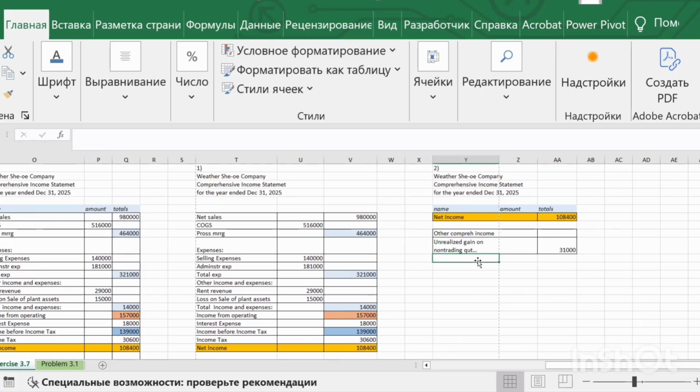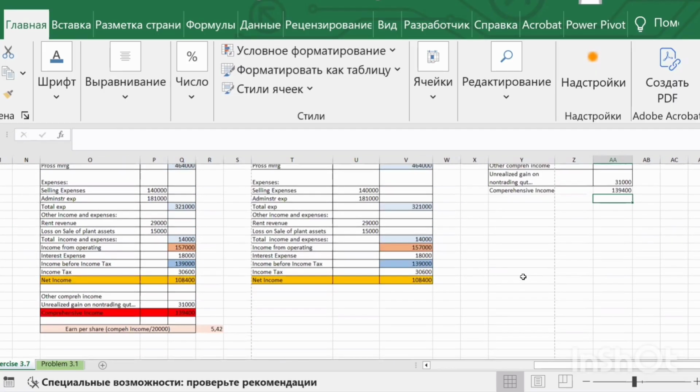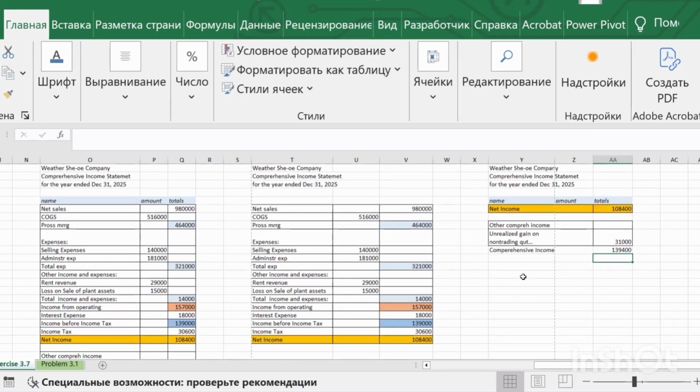And comprehensive income is equal to the sum of net income plus other comprehensive income. Okay, we have similar numbers, similar words.